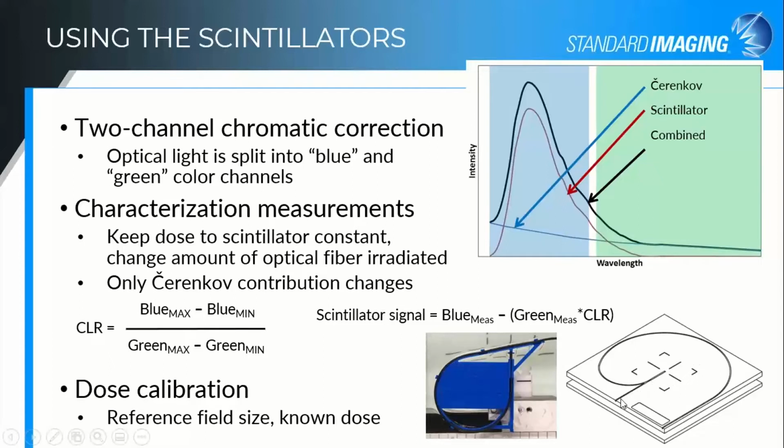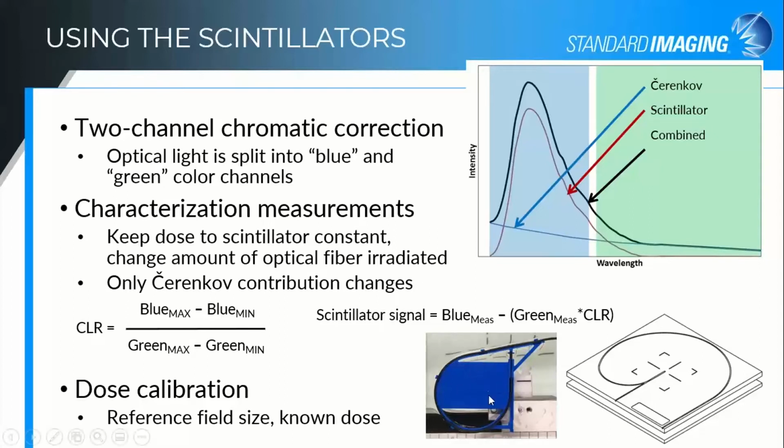There's a milled out channel for the minimum fiber configuration and a channel for the maximum fiber configuration where the fiber is wrapped around, as well as some alignment marks for a 10 by 10 field for a dose calibration. If you choose to do a dose calibration, that's really just a scaling factor that's applied here to convert from the nanocoulombs signal that's measured, or picocoulombs, depending on your signal level, to centigray.